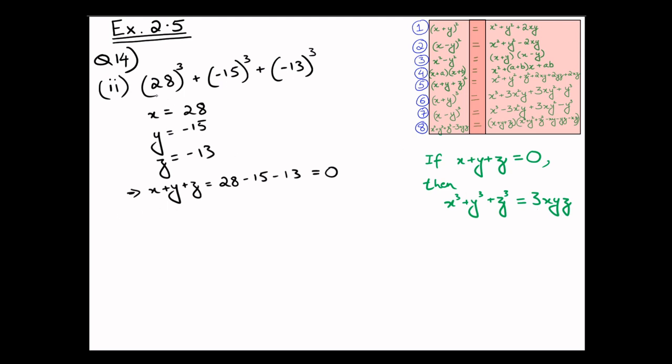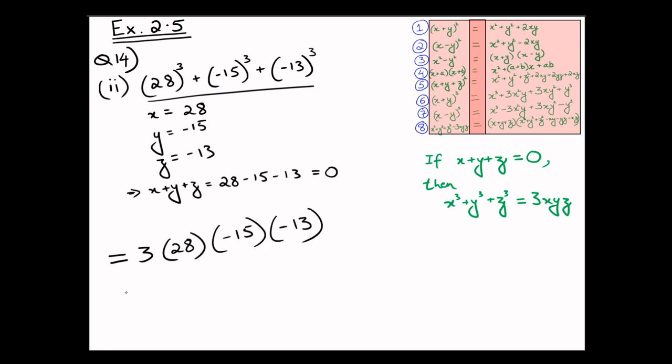So which means the sum of the cubes is now 3 times 28 into minus 15 into minus 13. The minus signs get cancelled out and we can simply multiply these numbers. In this case, it is 16,380.